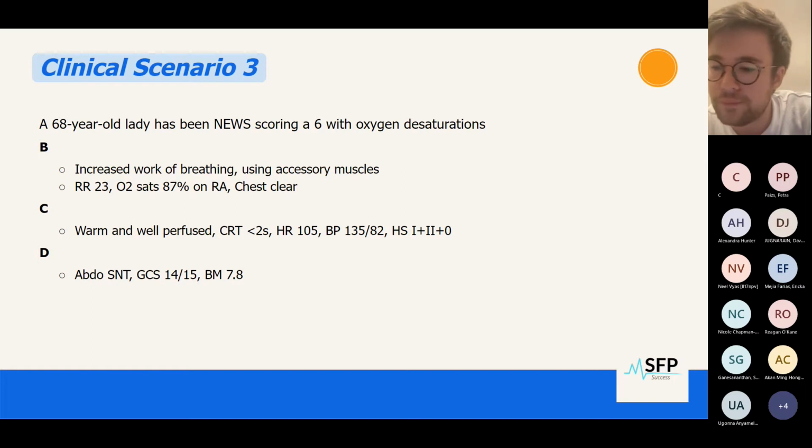So at this point, are there any differentials going through your head at the minute? I think this might be physiological to her, depends on how long this episode goes on or the frequency of it. Given that the investigations we've done seem to be quite normal.